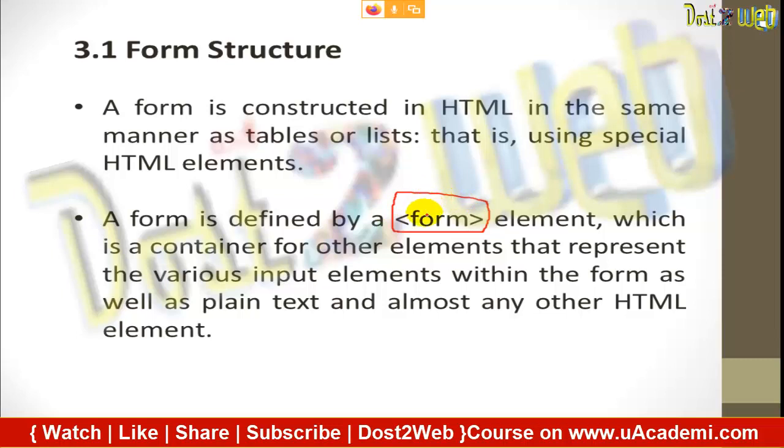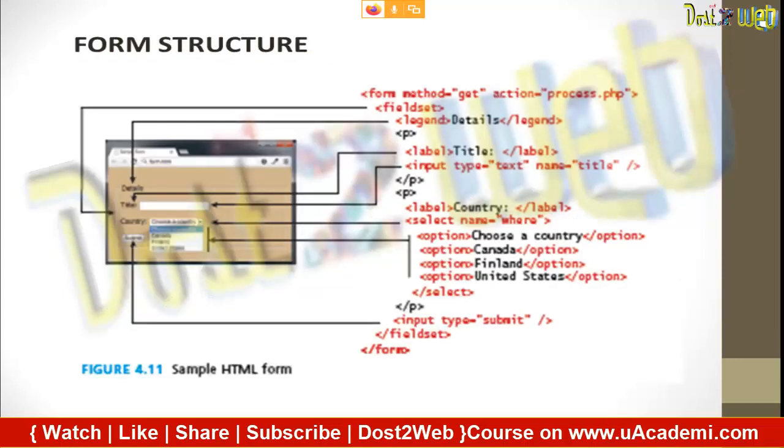This is again a container tag, or container element. This container element will contain other elements, like the table you have seen. You can add option boxes, checklists, whatever you want. Various elements can be added as input within the form. You can even put in a paragraph or text, and other HTML can also be added into the form structure to design it.